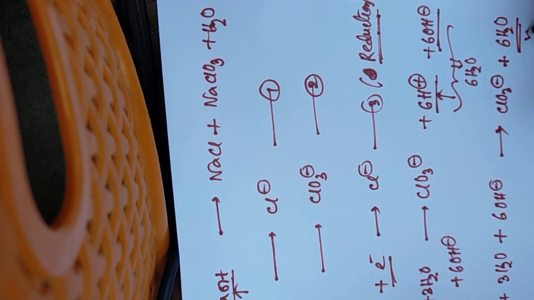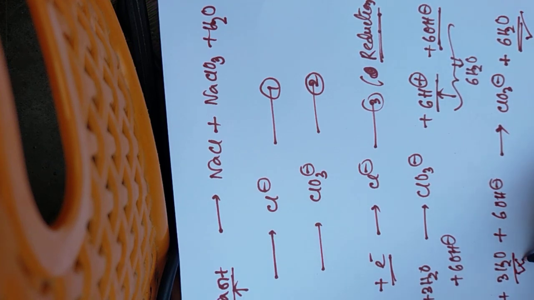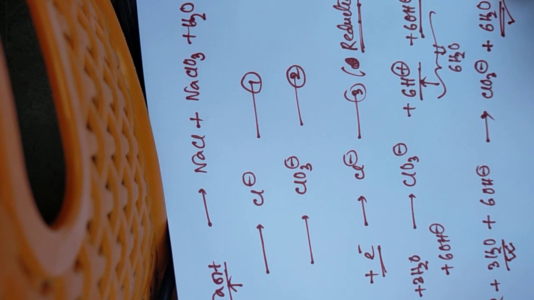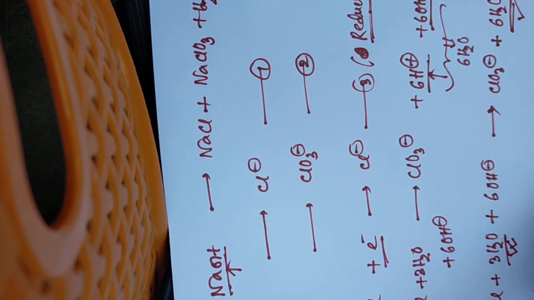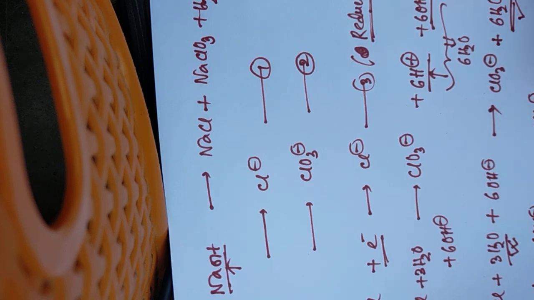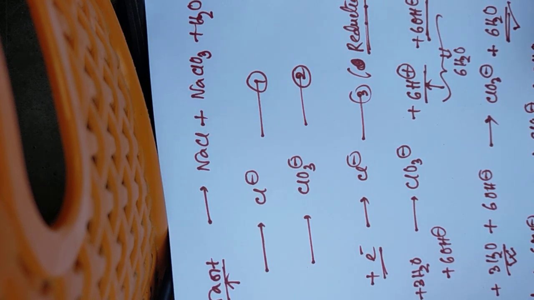On the right side 6H2O, on the left side 3H2O. If we transfer, the right side becomes a total of 3H2O. So Cl plus 6OH- is converted into ClO3- plus 3H2O. This is equation number 4.